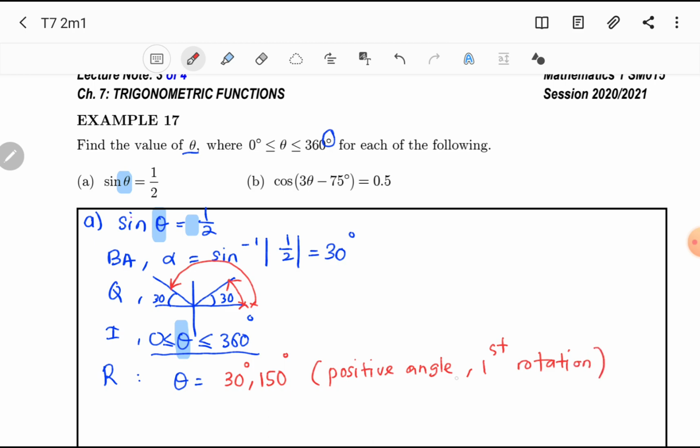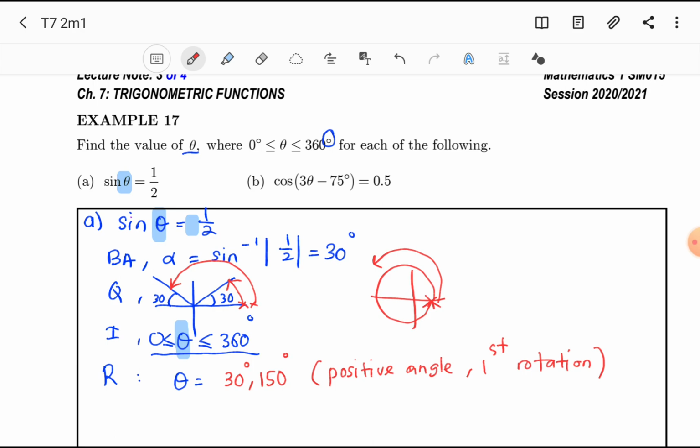Perlu ke tak second rotation? Apa maksud second rotation? Okay, kita start from positive x-axis. Kita go full cycle ni, maksudnya 360 dan kita sambung lagi. Okay, apa maksud second rotation? Maksudnya sudut yang more than 360, but less than 720.